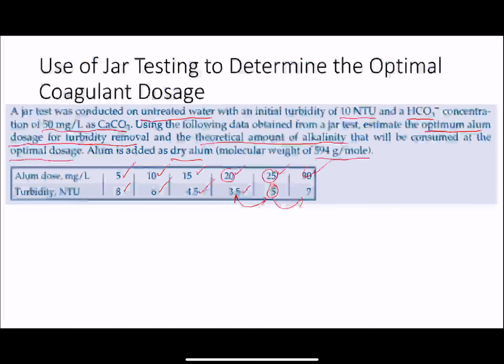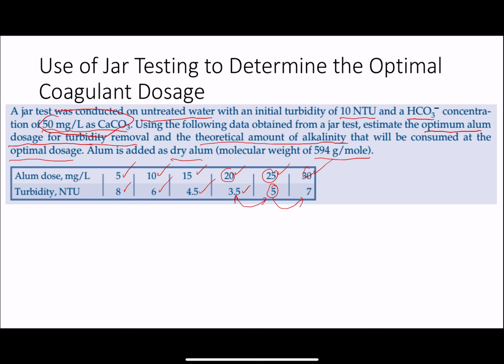Now remember, here it told you that there is alkalinity, and this alkalinity has a value of 50 milligram per liter as CaCO3. So we need to know, because alum will react with alkalinity and will reduce it, and we need this alkalinity in water.